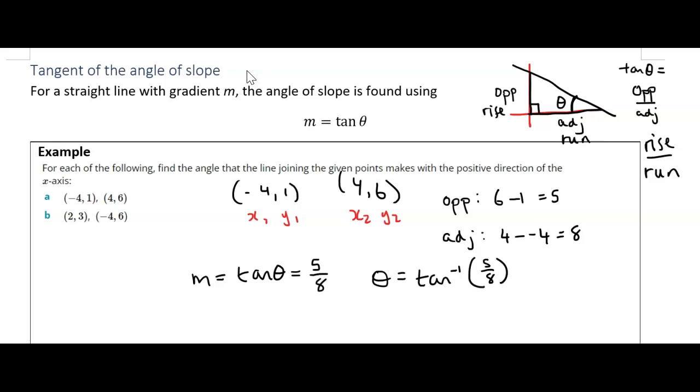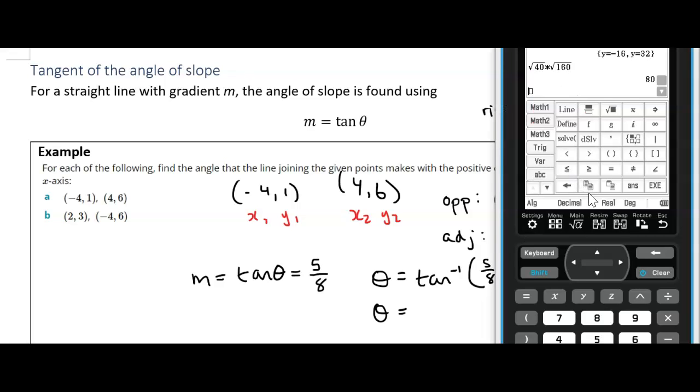Now, in methods, when we do trigonometry, we're mostly going to be using radians, but here we're going to be using degrees because we're just finding the degree of this angle here. So just make sure with your calculator, you're changing it, you can see where I'm clicking. So we want it in decimal. So inverse tan of 5/8, so about 32 degrees.